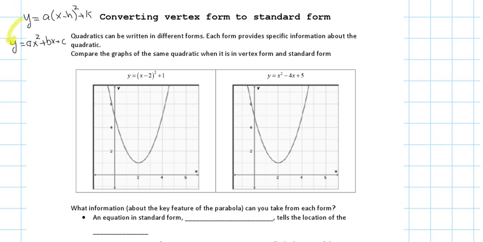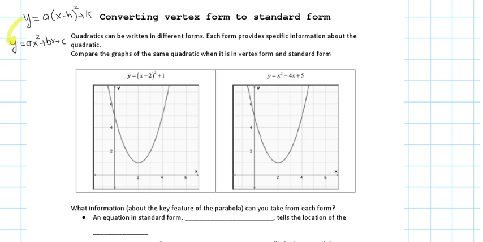They're the same? Do they have the same vertex? Do they have the same y-intercept? Do they have the same opening? So they are the same, except this equation is y equals (x minus 2) squared plus 1, while this equation is y equals x squared minus 4x plus 5.